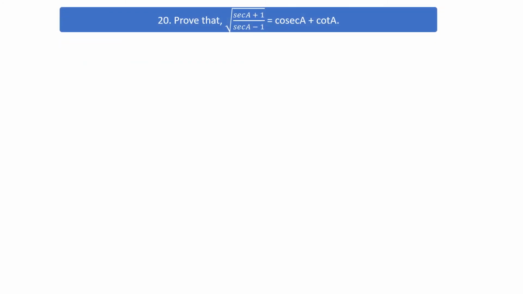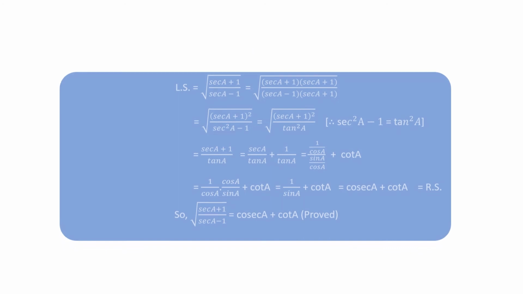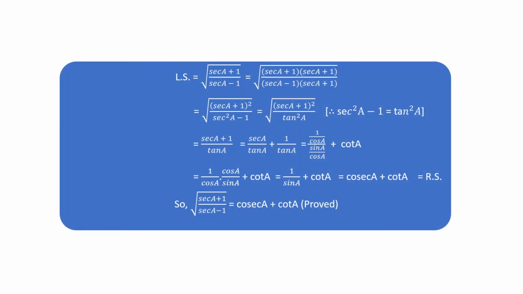Question number 20. Prove that root over (sec A plus tan A) by (sec A minus tan A) equals cosec A plus cot A. Left side: root over (sec A plus 1) by (sec A minus 1). This math is discussed in a higher mathematics class.